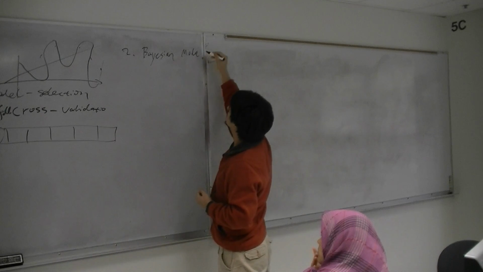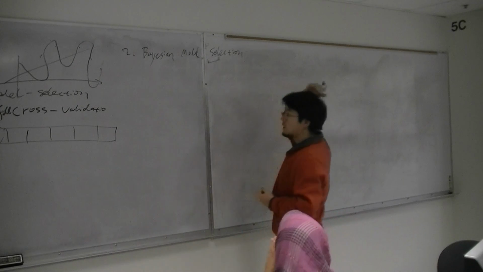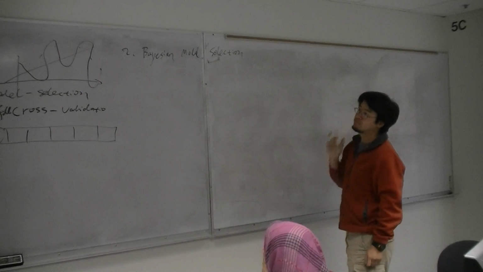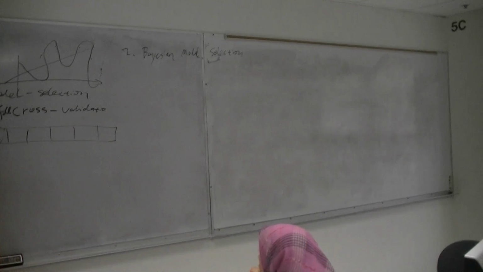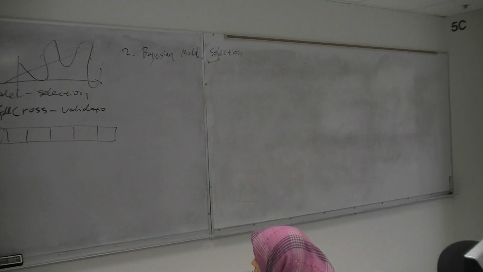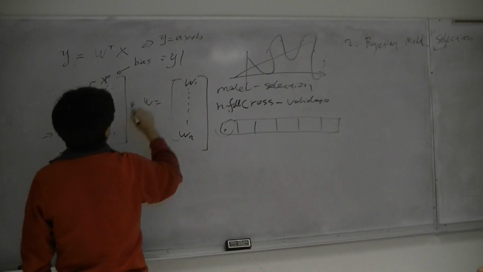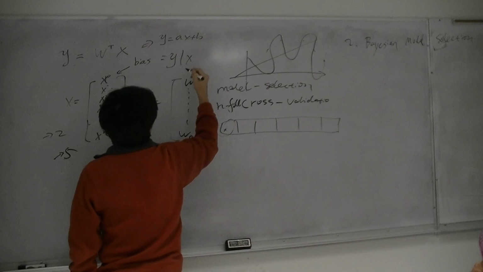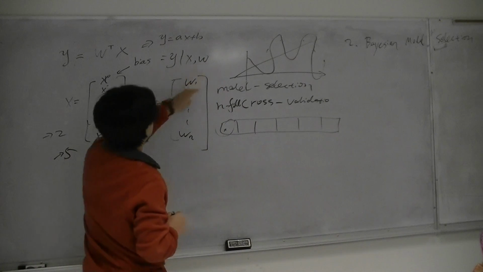Bayesian model selection. Here, if you think of this formula, you can write this as p(x, y | x, w), given x and the parameter w.